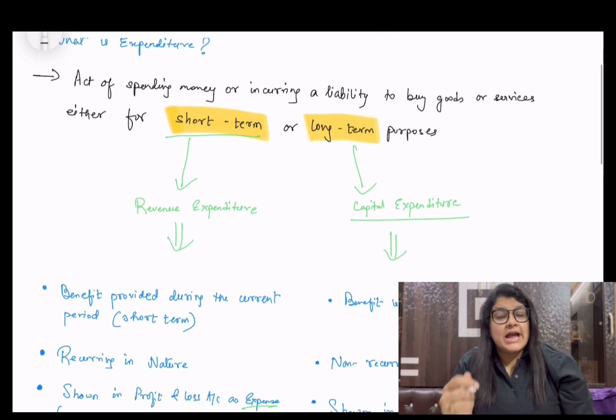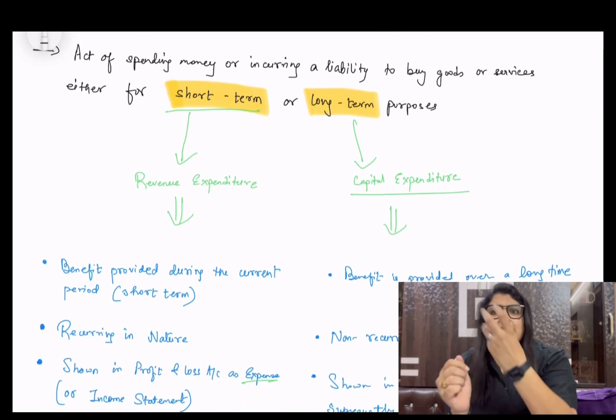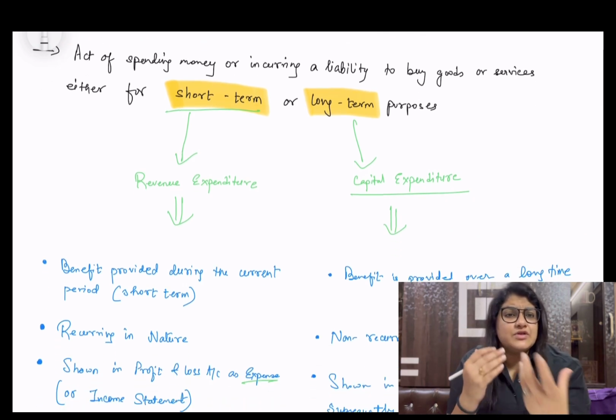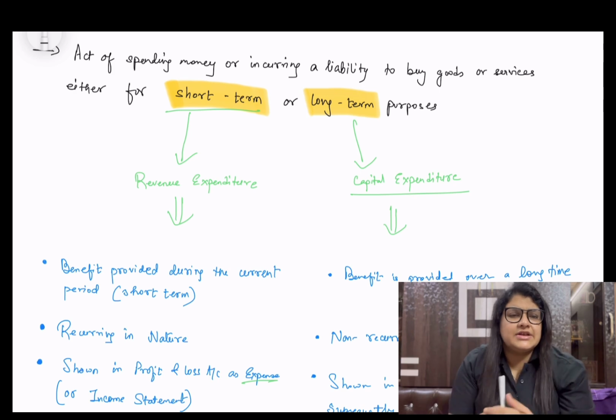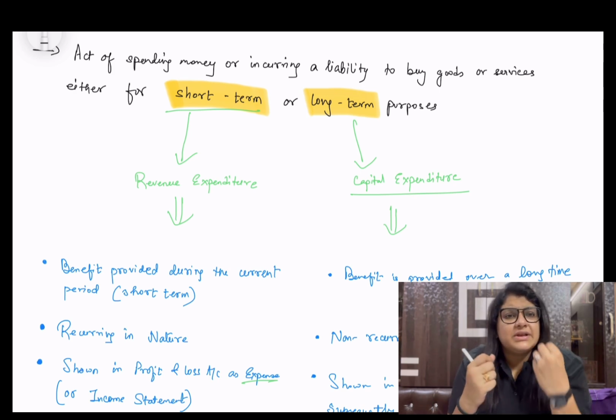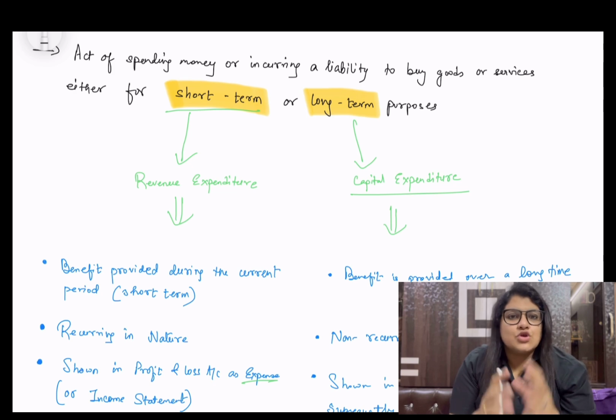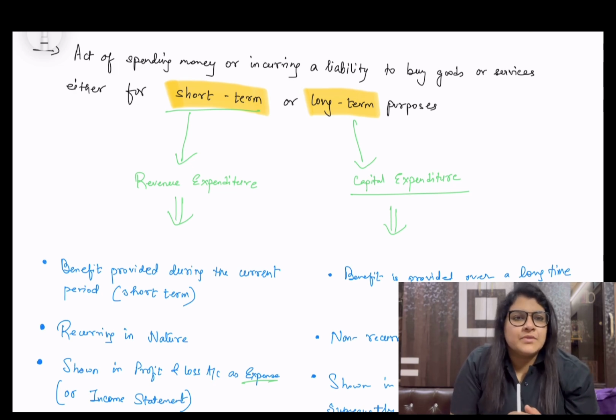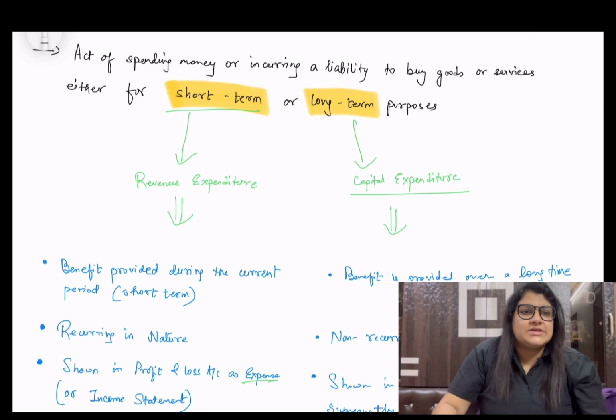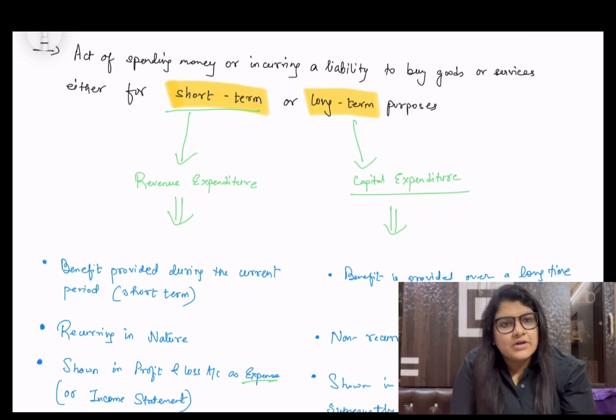Short-term expenditure, that is revenue expenditure, is recurring in nature. Recurring means repetitive in nature. It keeps on happening. For example, the electricity bill. If you consume electricity for a particular month, say March, once you are done with that consumption, you will make the payment of that expense, and then again you will consume electricity in April, and again for April you'll have to make a payment.